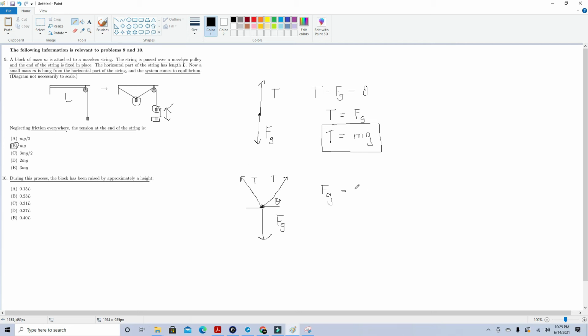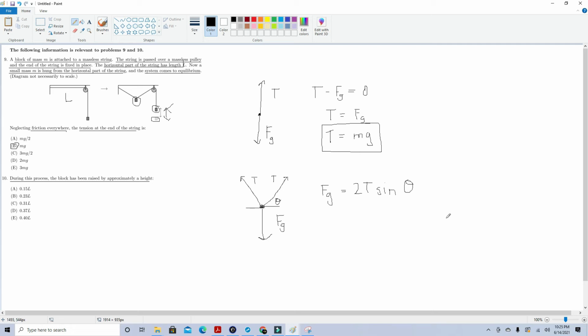So the net vertical force that they exert is 2T sine theta. And as I've already said, the cos theta forces for these tensions cancel each other out, so we don't even need to worry about the horizontal direction.